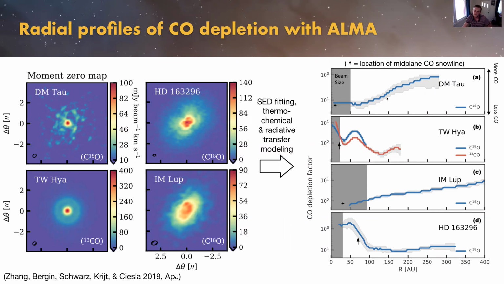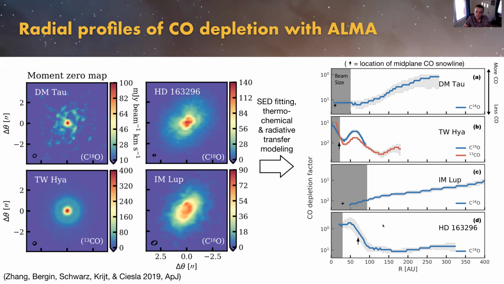Now, for most of these disks, the spatial resolution is not good enough to see the region inside the CO snow line, which is indicated with this arrow here. But for HD 163296 it is. And there seems to indeed be this bump with an elevated CO abundance inside the snow line. So this is interesting. And otherwise the order of magnitude for the depletion factor is similar to what I saw in those models on the previous slides.